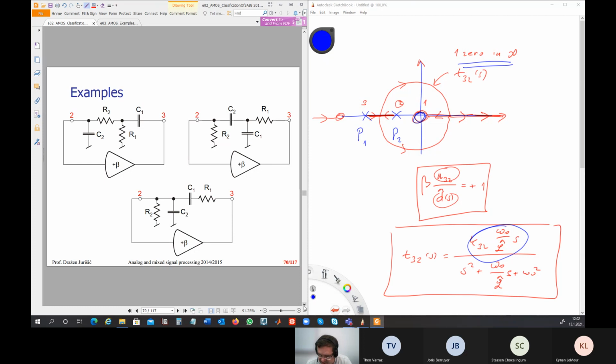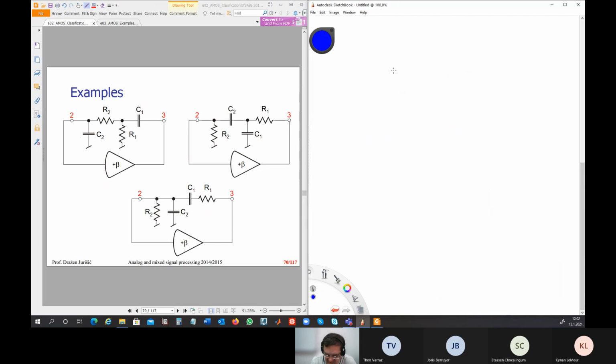Here are possibilities of how to make bandpass networks. So you remember something like this. Or, so this is bandpass, or it can be something like this. Of course, here we can exchange R's and C's and have this.